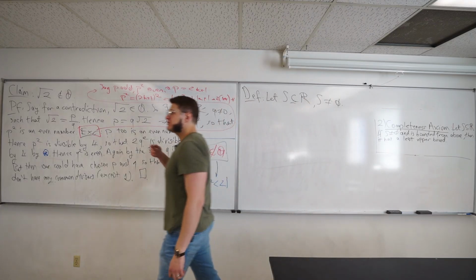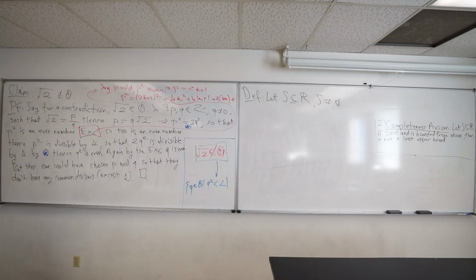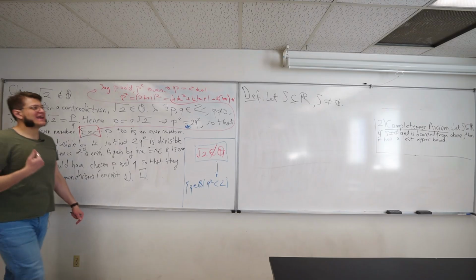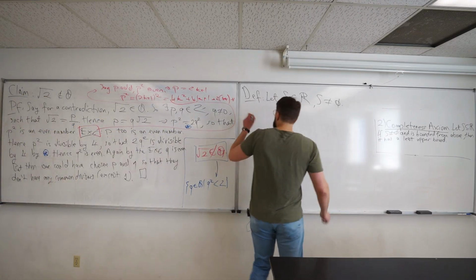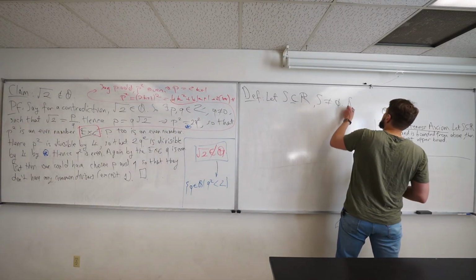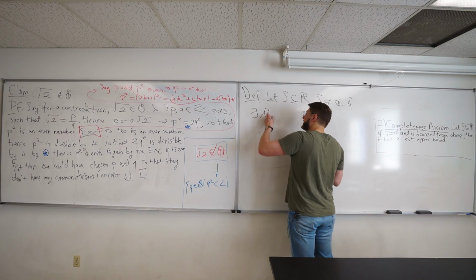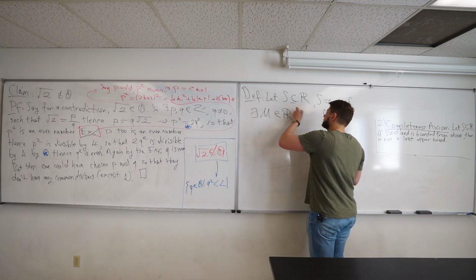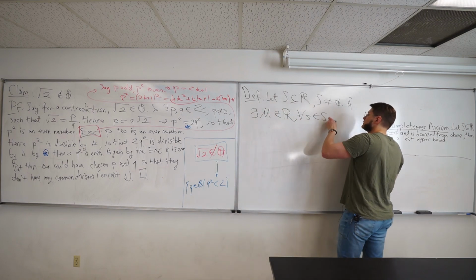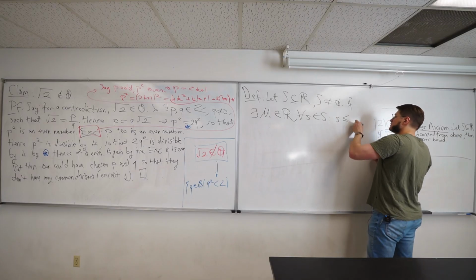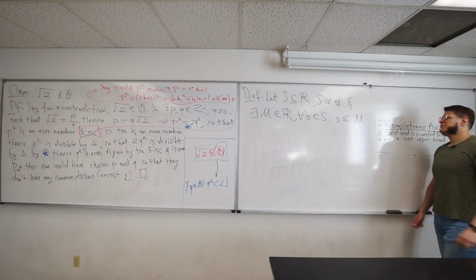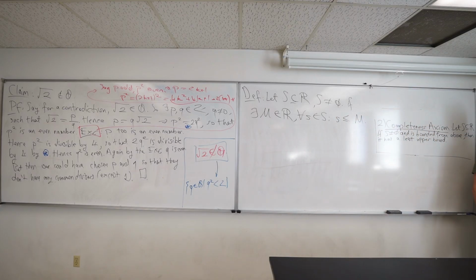Well, S is bounded from above if, let me put it this way, there is some number, let's say M, that is greater than any s in S. If there is an M, a real number, such that for any s in S, s is bounded from above by M.